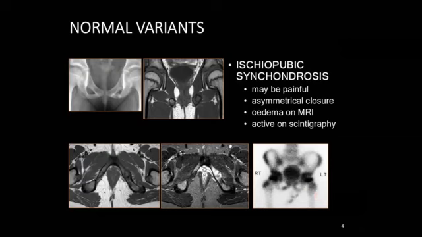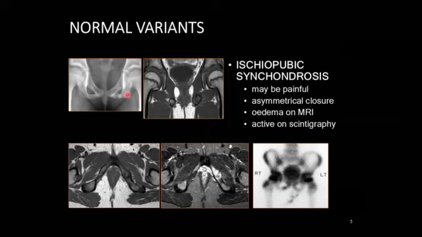For example, the first variant is the ischiopubic synchondrosis, which can be painful. Usually, it's asymmetrical closure of the ischiopubic synchondrosis, which can present with edema on MRI and can show active uptake on radionuclide scintigraphy.